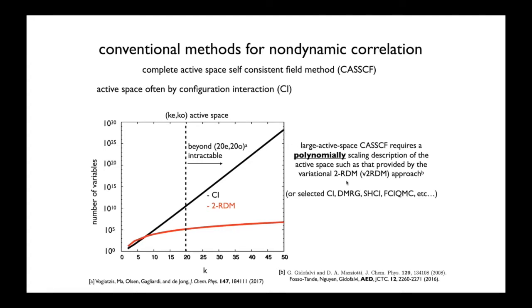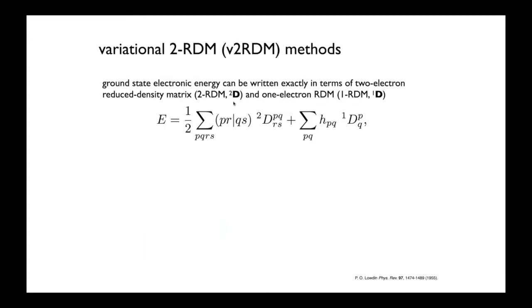I should acknowledge before moving on that there are other ways to achieve reduced scaling CASSCF, including selected CI, DMRG, semi-stochastic heat bath CI, full CI quantum Monte Carlo, the list goes on. But the method I'm going to champion today is this variational 2-RDM approach. Okay. How can we get away with using the 2-RDM instead of the wave function to describe our electronic structure?